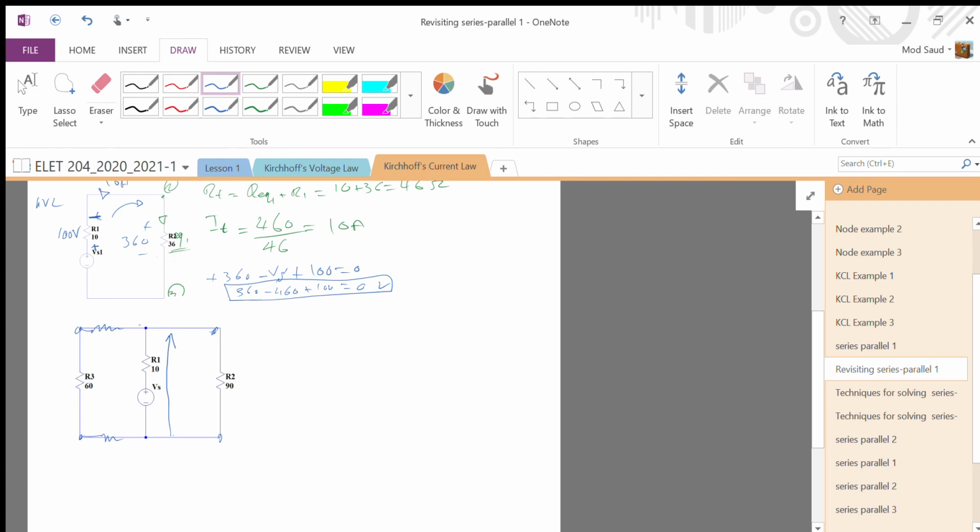Still, the voltage across all of this is 360, whether it is 3 resistors or 1 resistor. Whenever we have elements connected in parallel, they share the same voltage. Whenever we have elements connected in series, they share the same current. So you always need to identify which part of the circuit is parallel and which part is series, so you can apply this simple rule.